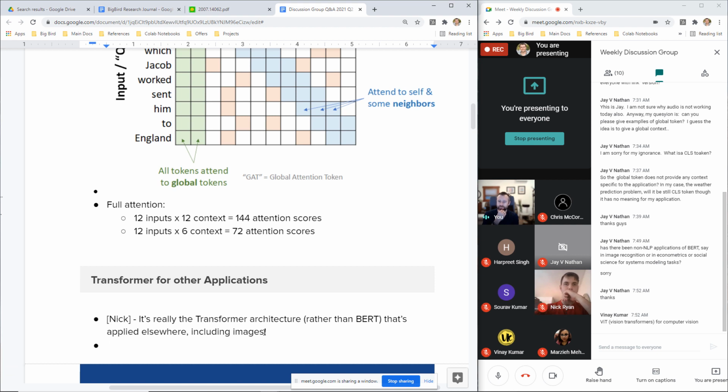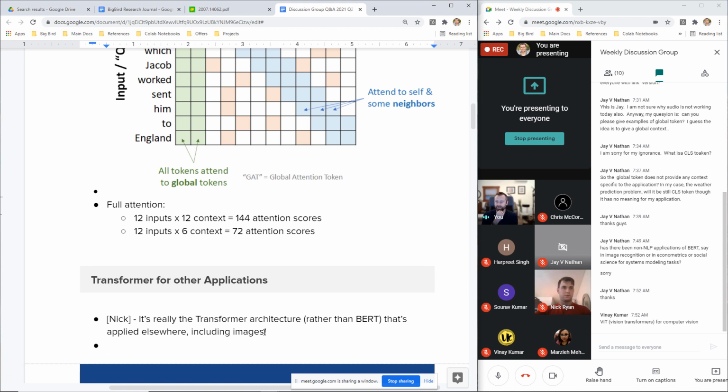Right, and the difference between BERT and the transformer is that the key innovations in BERT are really just the pre-training tasks that were used to train BERT on huge amounts of text.